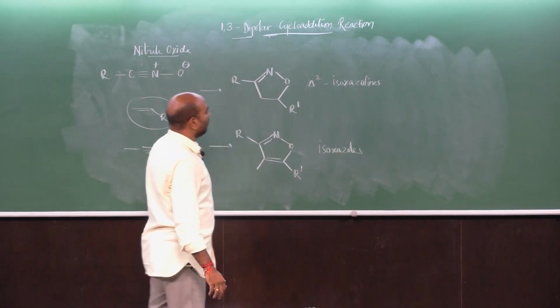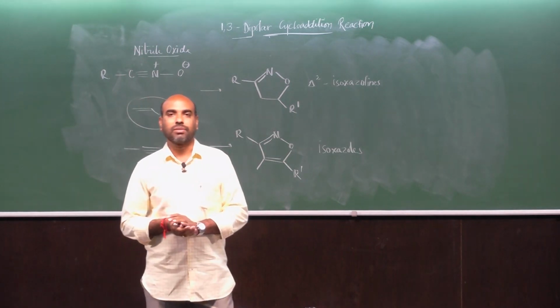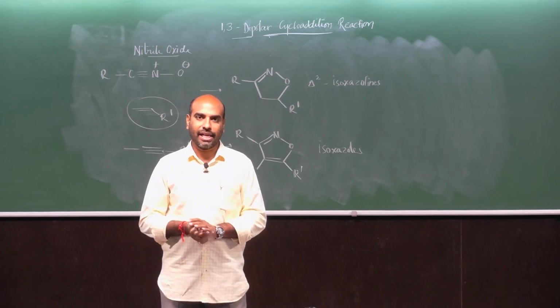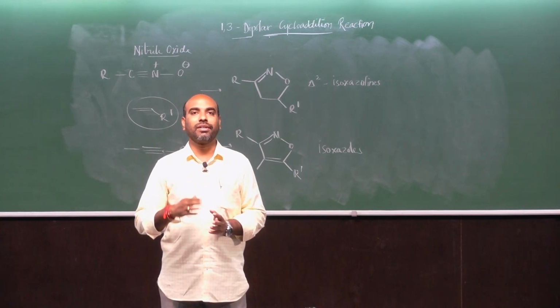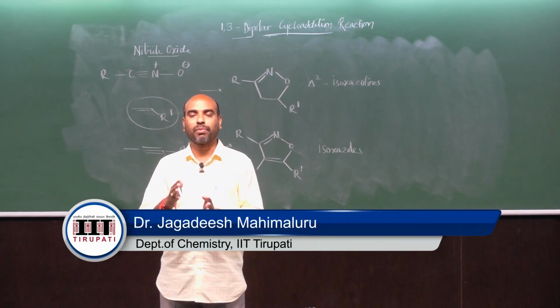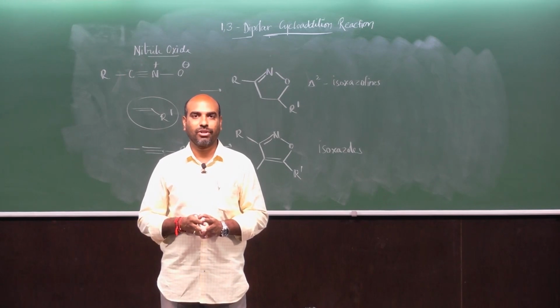Okay. So, such beautiful 5-membered heterocyclic ring systems can be synthesized with simple 1,3 dipolar cycloaddition reactions, which are almost similar to the Diels-Alder reaction and also show 4 pi supra plus 2 pi supra cycloadditions under thermal conditions. Okay. Thank you.